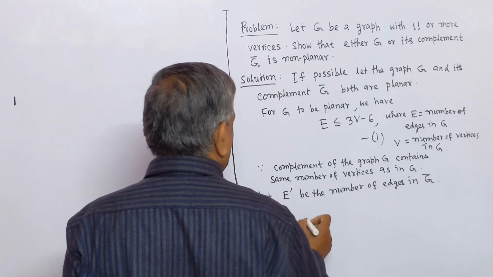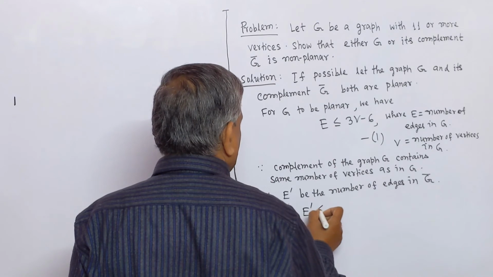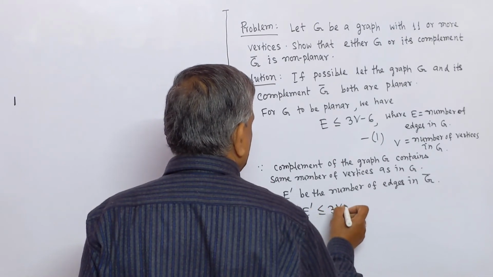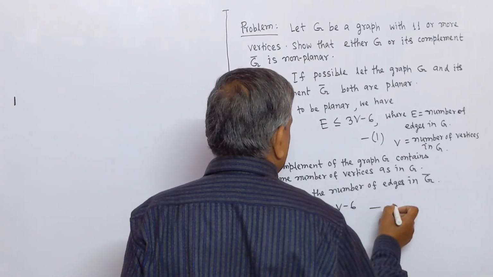Therefore, E prime is less than or equal to 3V minus 6. This is number 2.